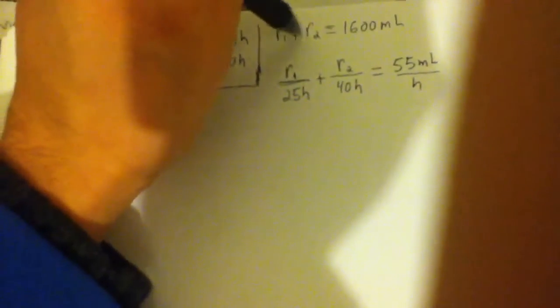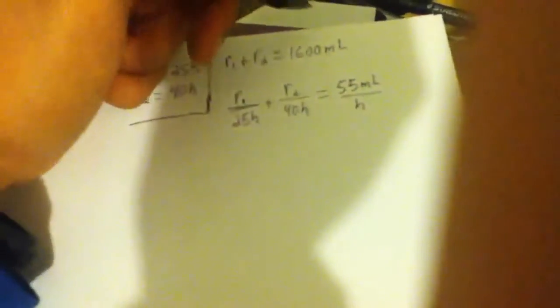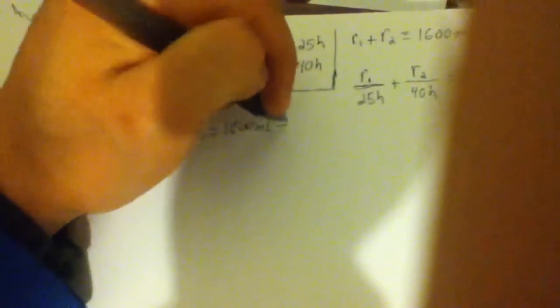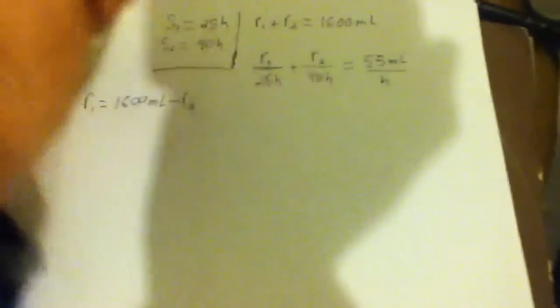Now, we can use this one here. If we subtract R2 from both sides, that gives us that R1 is equal to 1,600 milliliters minus R2. Okay, so now we can substitute that into the main equation, so that we'll have an equation in R2 only.